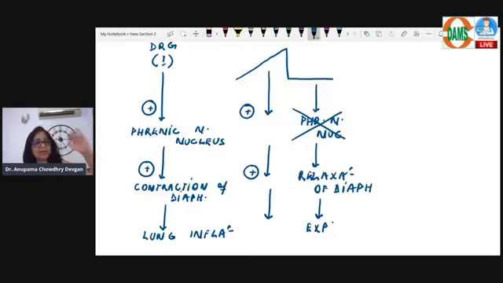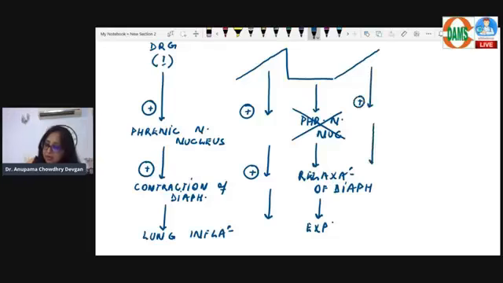Now, once the tidal expiration is complete, the pre-Botzinger's complex sends impulses to DRG. The firing rate of the DRG neurons increases. DRG will send excitatory impulses to the phrenic nerve nucleus. There is now a contraction of the diaphragm, and that leads to inspiration.